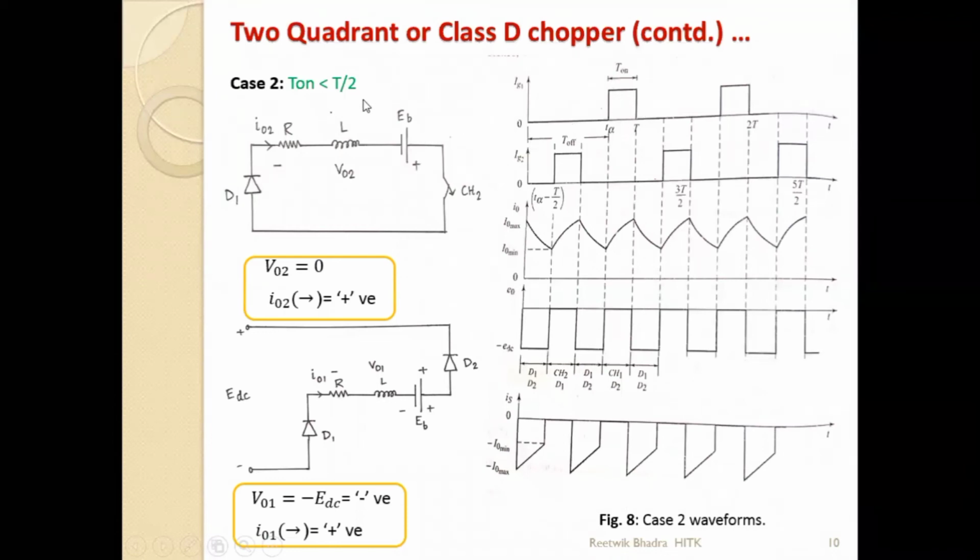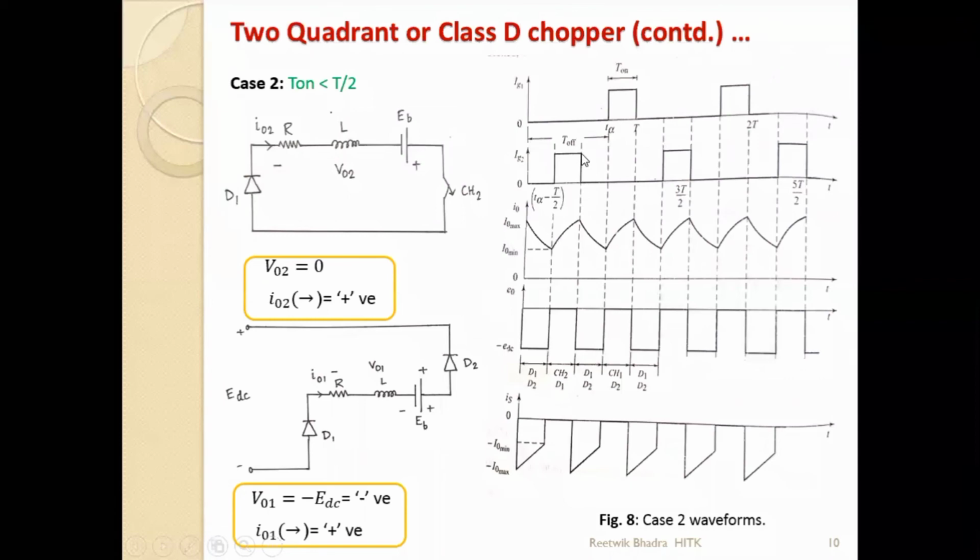Now what happens during this time? Now if I take this part, I'll study this part first, because during this part your choppers will be on and the inductor will charge. Since we have to get a negative voltage over here, we have to change your EB terminals.